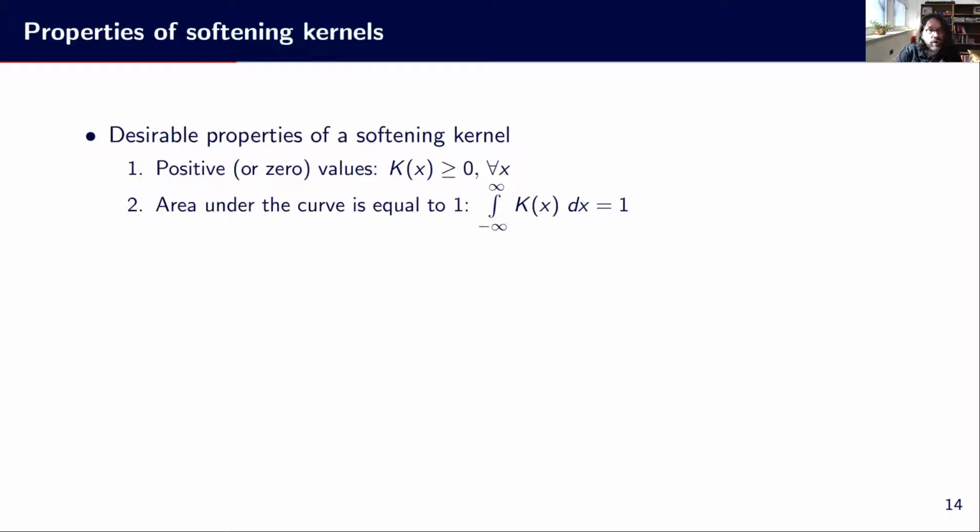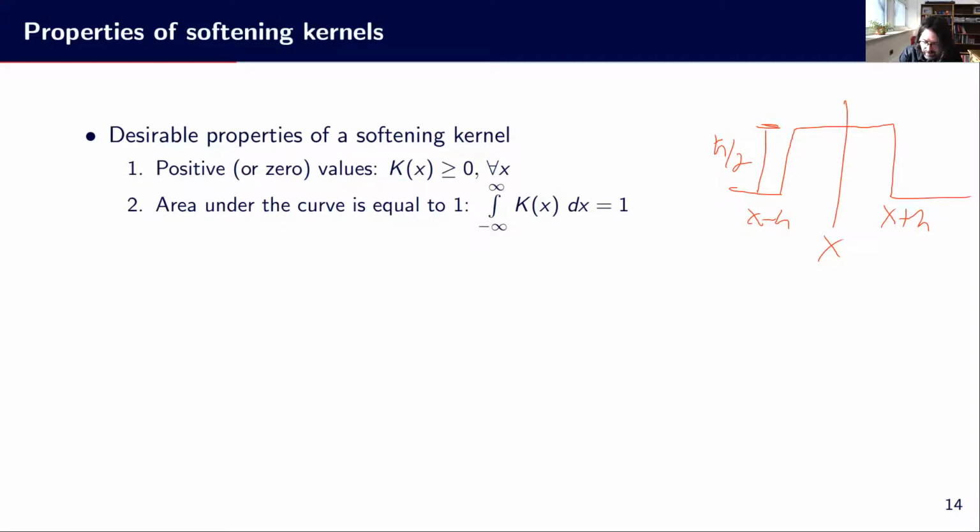Second property, we want the area under the curve to be 1. So we need to be able to integrate the kernel from minus infinity to plus infinity, and this should be equal to 1. For example, if we have this square kernel that we have with the naive estimator, centered at x, from x minus h to x plus h, we should remember that the height was equivalent to 1 divided by 2h, if I remember well.